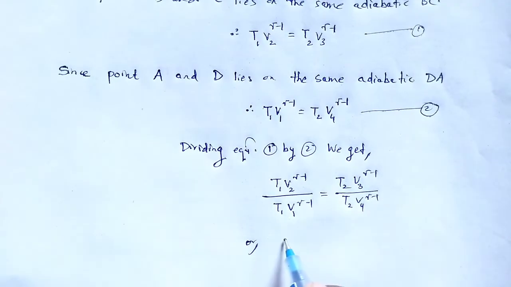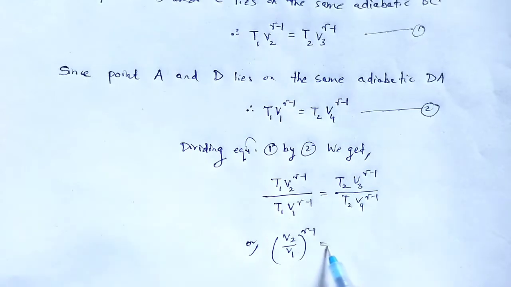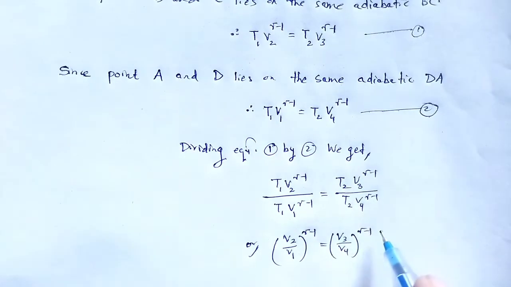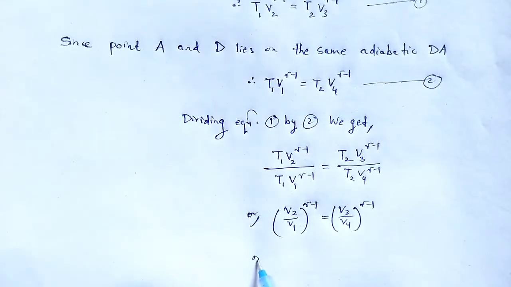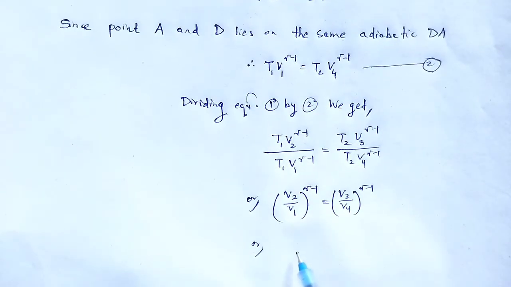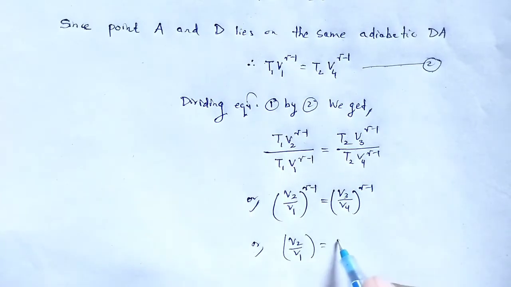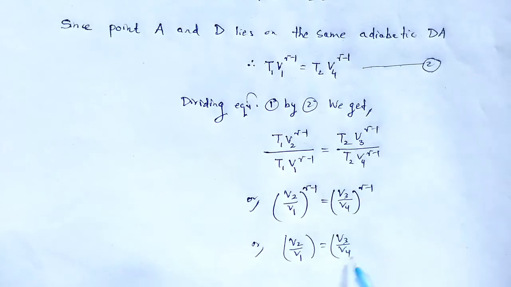That is, V2 by V1 to the power gamma minus 1 is the same as V3 by V4 to the power gamma minus 1. That can be changed to V2 by V1 the same as V3 by V4.